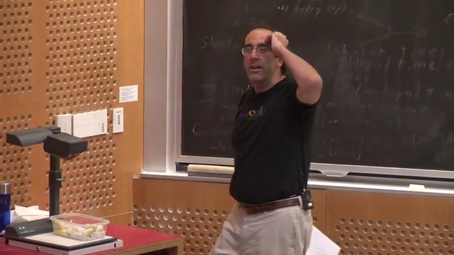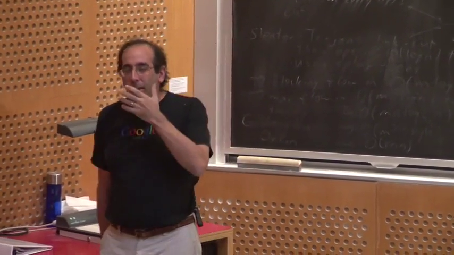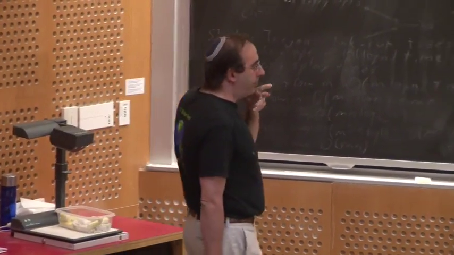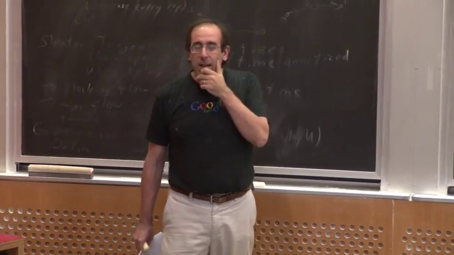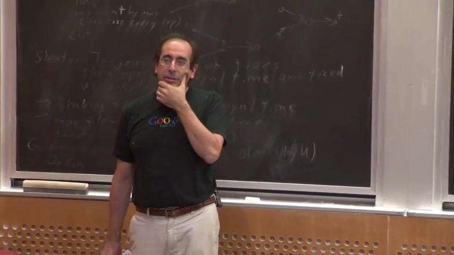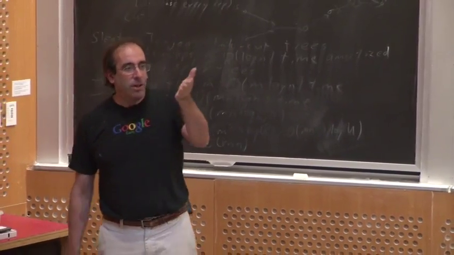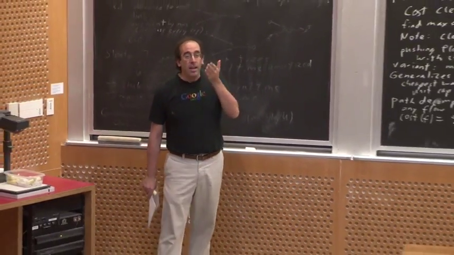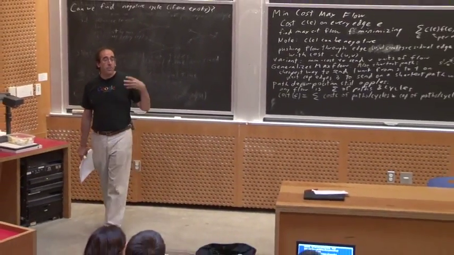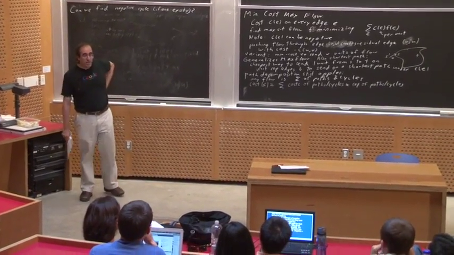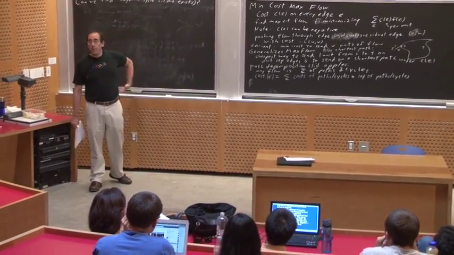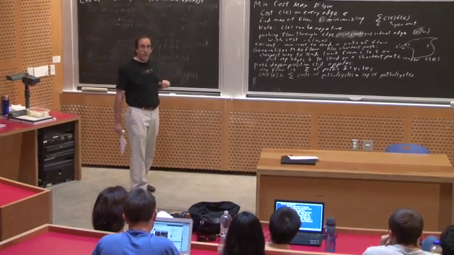The Bellman-Ford algorithm for shortest path. So why do we use the Bellman-Ford algorithm for shortest path? It's way worse than Dijkstra. Dijkstra's algorithm is order m or so. Bellman-Ford is order mn. So why would we use Bellman-Ford? Yeah? Negative edges, right? Dijkstra's algorithm only works for positive edges. Bellman-Ford works even if there are negative edges.